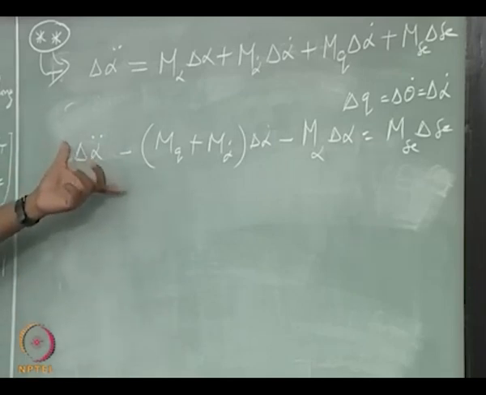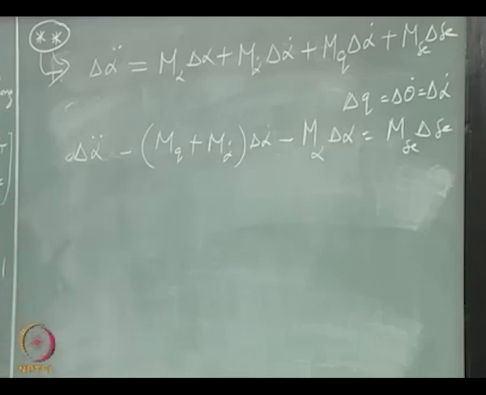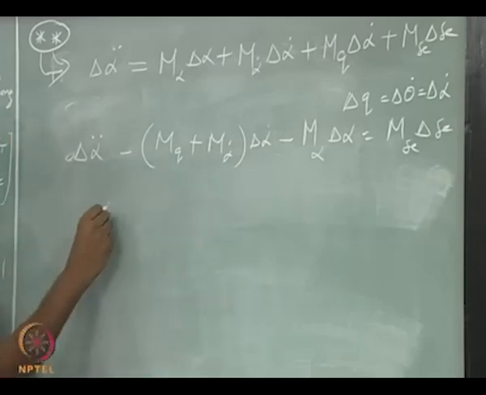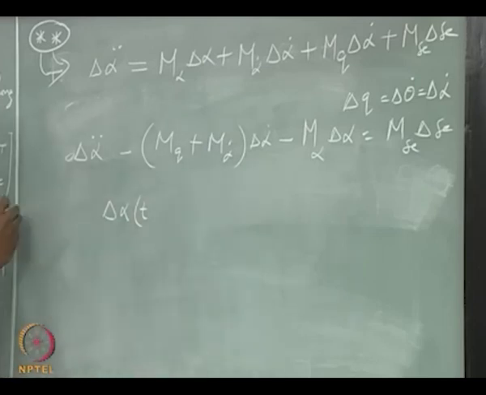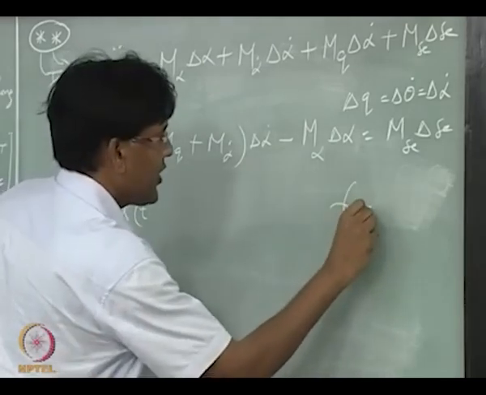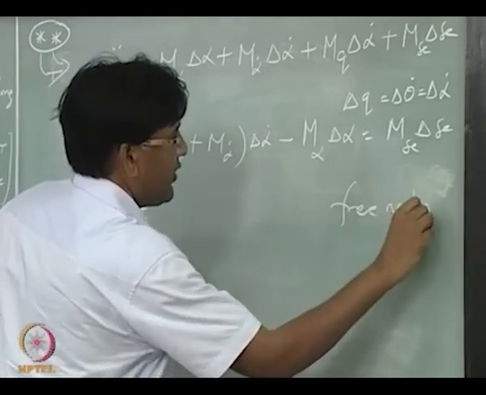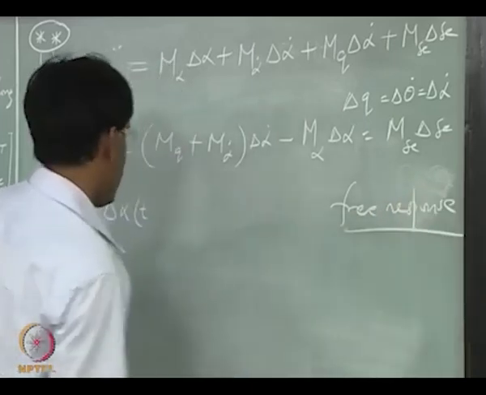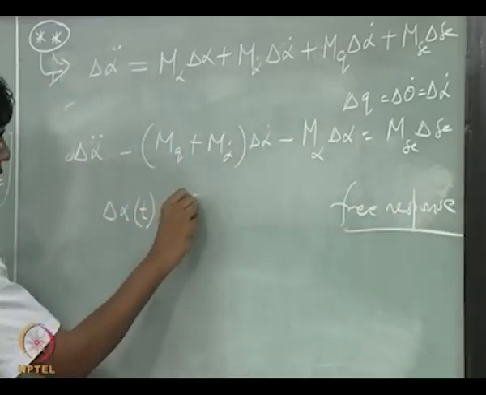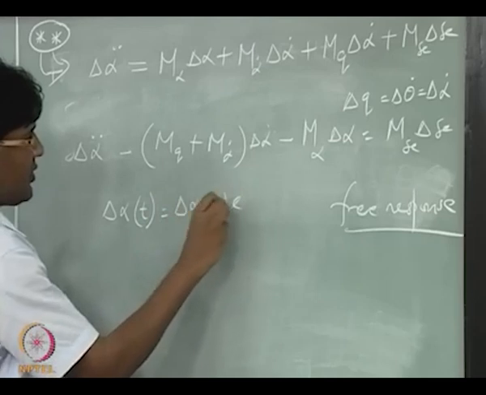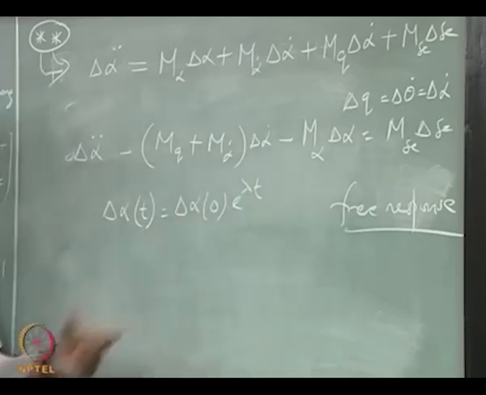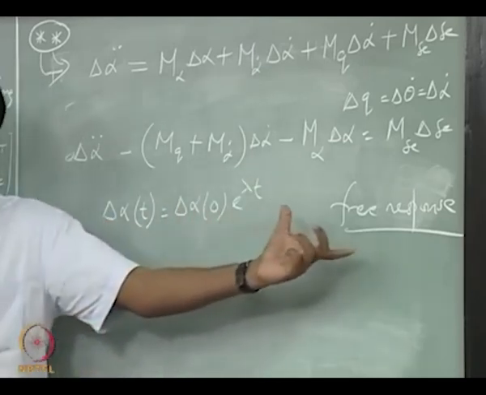What is the solution of this? So you can assume a solution for the homogeneous or the free response. So there is a general form of solution for the free response.